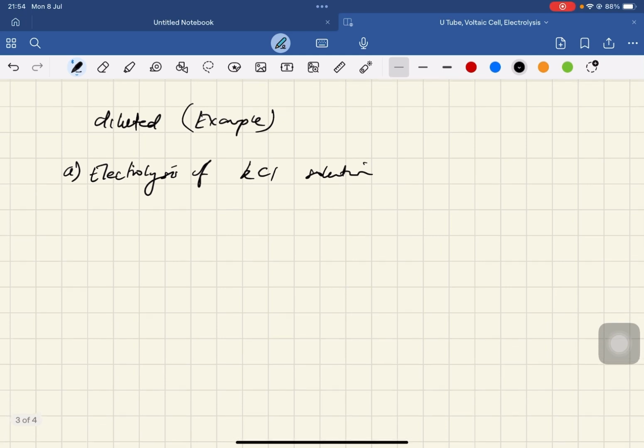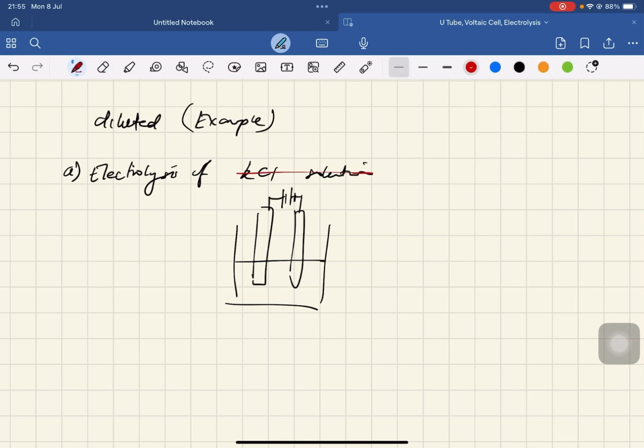First step, step by step. To make it easier to visualize, we need to draw the beaker first. We have our electrodes, which are usually given. When they mention KCl solution, just potassium chloride solution, do they mention concentrated or diluted? If not, you just assume this is diluted. If not mentioned, assume diluted.